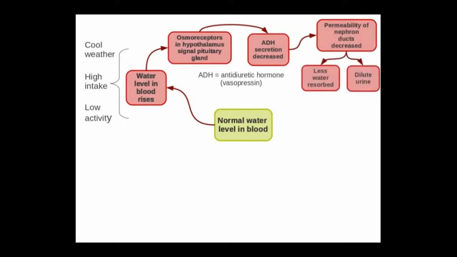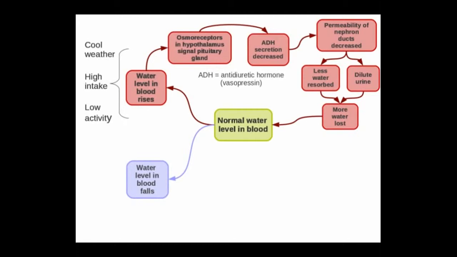And when this happens, less water is absorbed, and so we get more dilute urine, because less water is reabsorbed back into the blood. There is more water in the filtrate that is now passed into the collecting duct and then onto the bladder. And so we have dilute urine. And as a result of this, more water is lost, and the water level in the blood returns to normal.